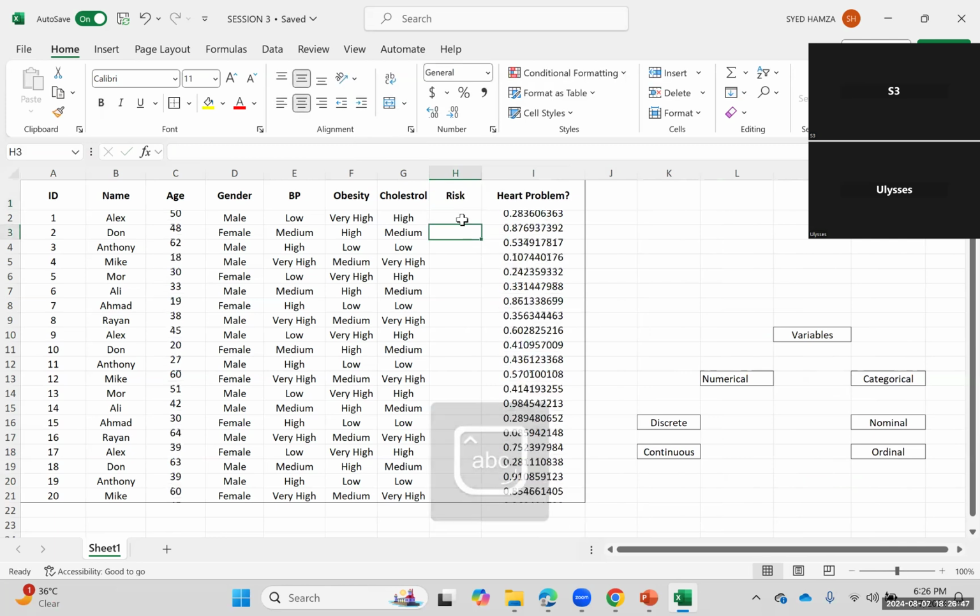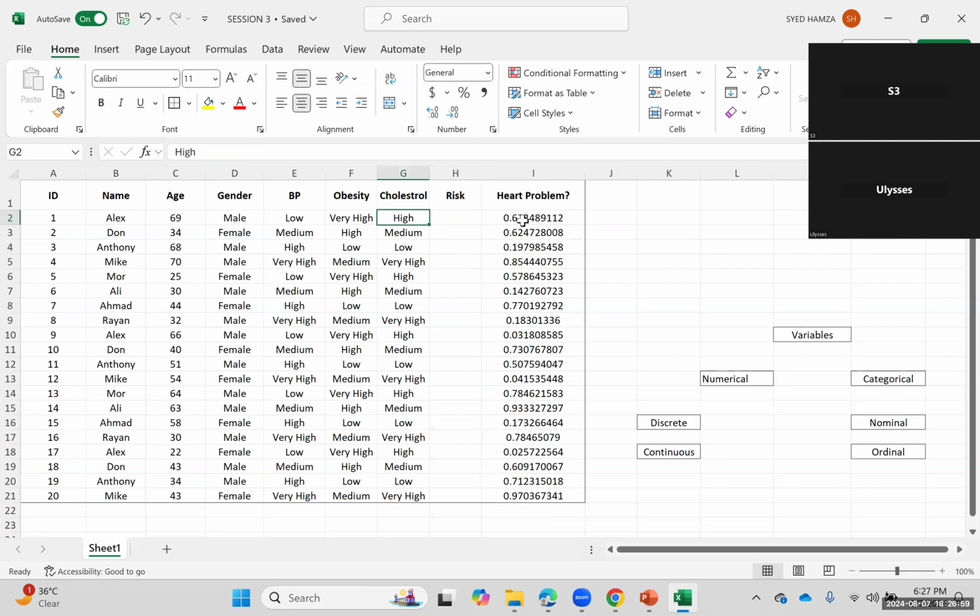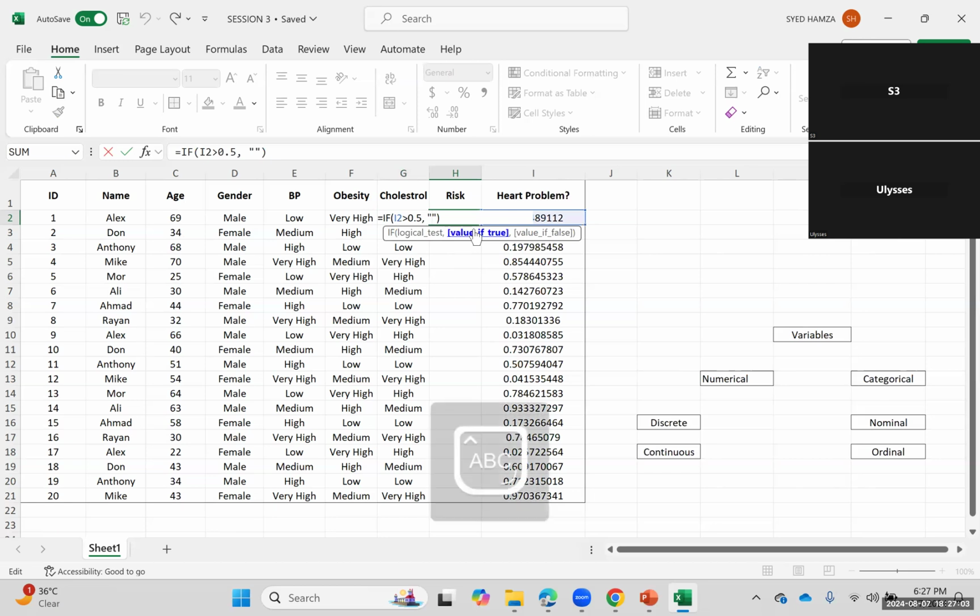In the risk factor, what I can do is, if this value is greater than 0.5, mark it high, otherwise low.